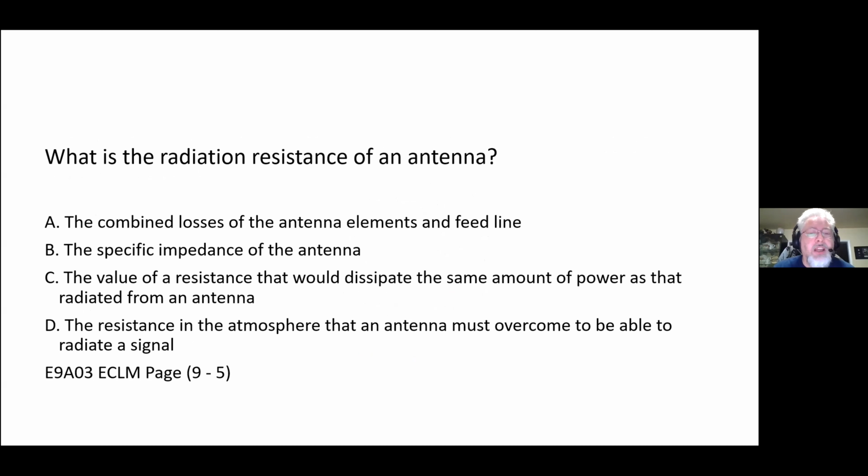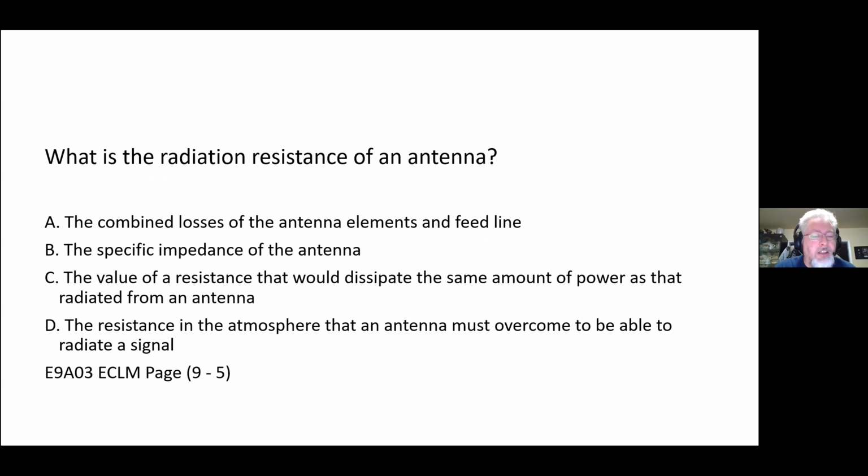What is the radiation resistance of an antenna? A, the combined losses of the antenna elements and feed line. B, the specific impedance of the antenna. C, the value of a resistance that would dissipate the same amount of power as that radiated from an antenna.